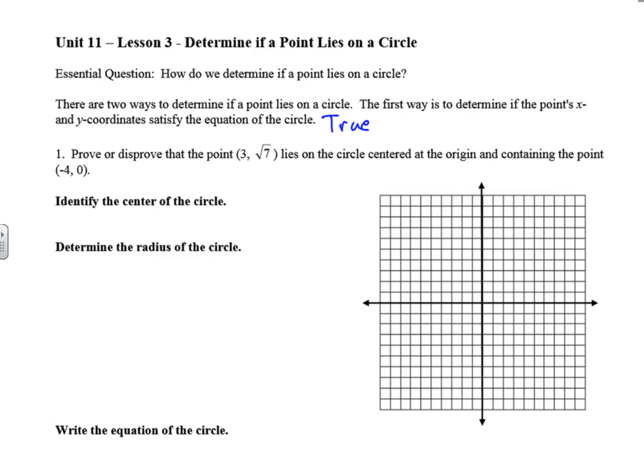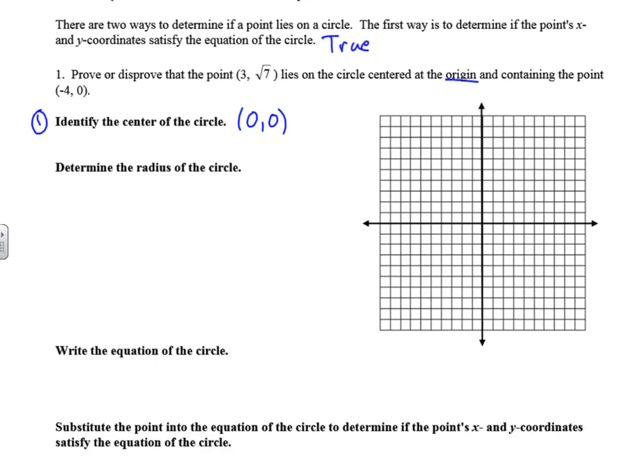Prove or disprove that the point (3, square root of 7) lies on the circle centered at the origin and containing the point (-4, 0). So here's our process. Number one, we want to identify the center of the circle, centered at the origin. So our center is (0, 0). Now we need to determine the radius of the circle.